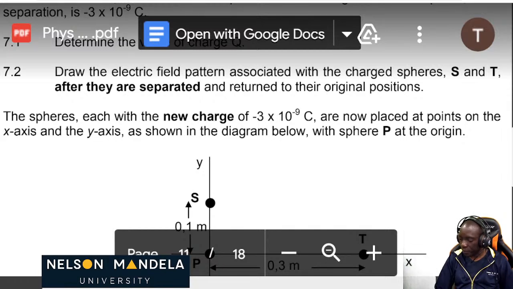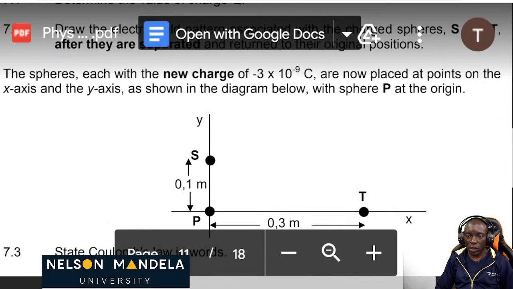Okay. So with that charge, the spheres with the new charge are placed at the points on the x and y axis as shown in the diagram, with sphere P at the origin. So that's the diagram.